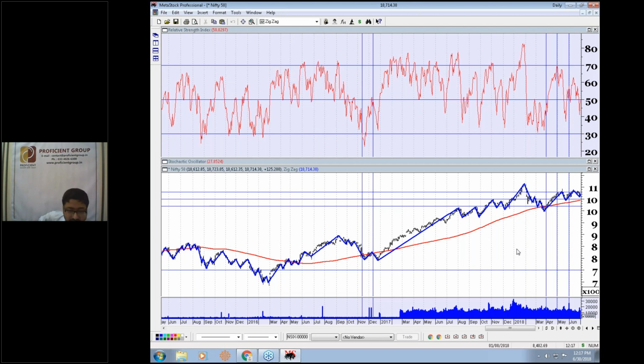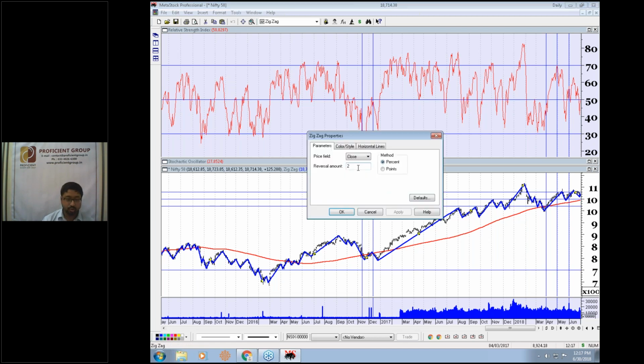What is a zigzag function? Maybe I explained it earlier in one of my previous seminars. Let me do it again here. The zigzag function has a filter. This is the filter of the zigzag function. The 2% is the zigzag filter.